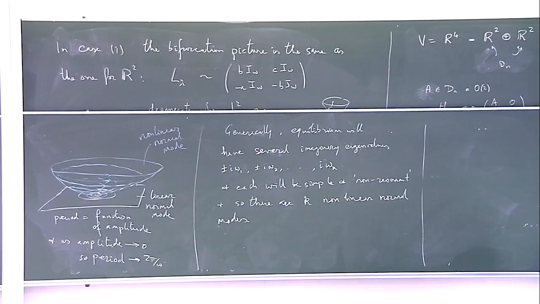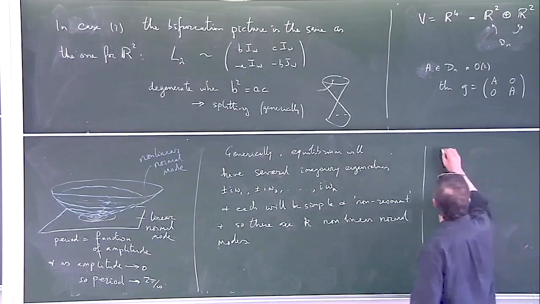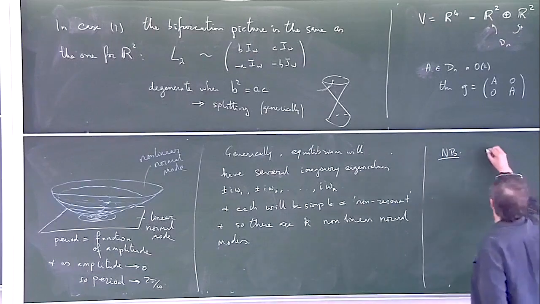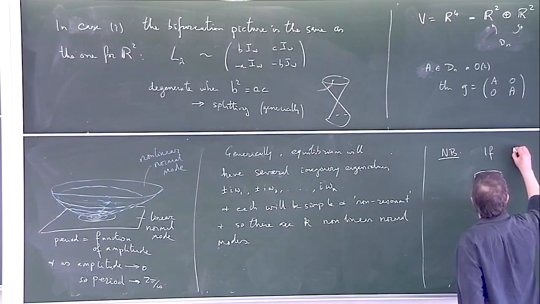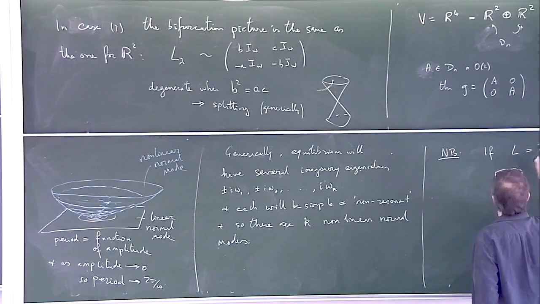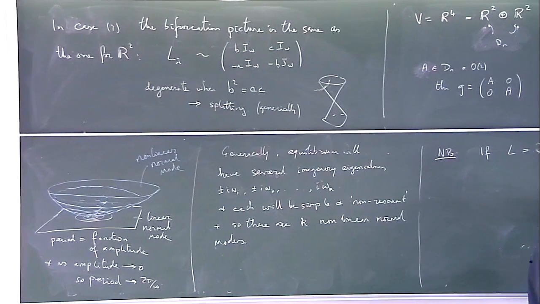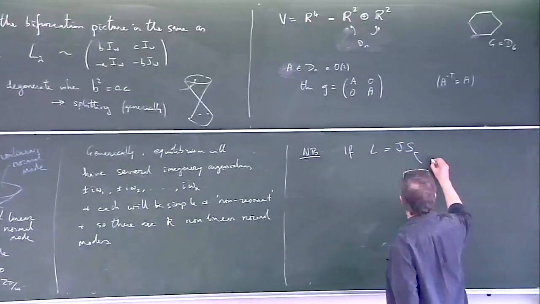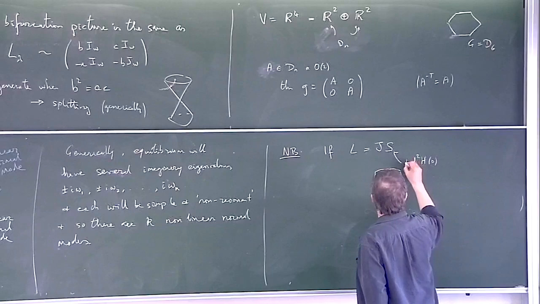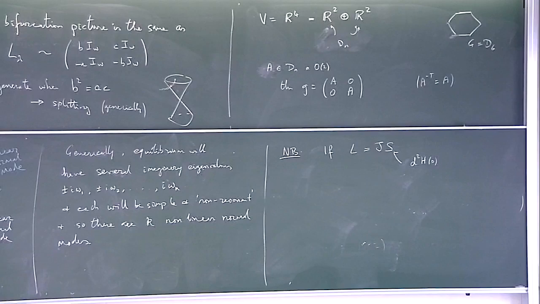So, two things I want to say. First, before we start the symmetry story, an important note in all this. Remember L was always J times a symmetric matrix, and this is actually the Hessian matrix of the Hamiltonian.